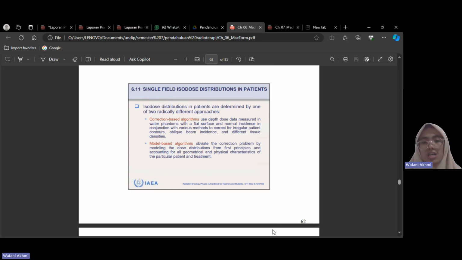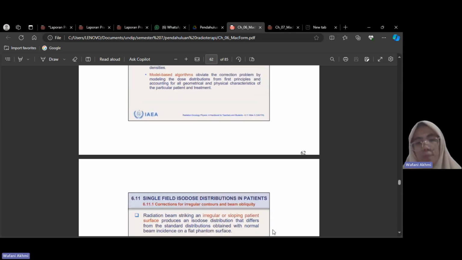Isodose distributions in patients are determined by one of two radically different approaches: correction-based algorithm and model-based algorithm.